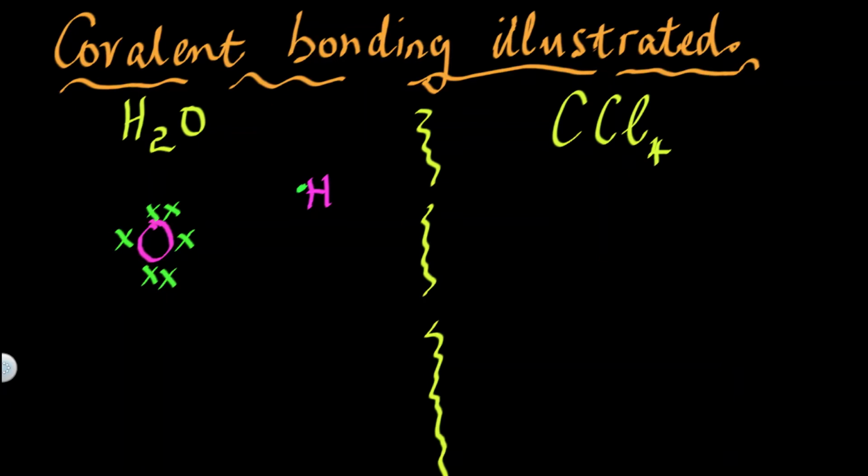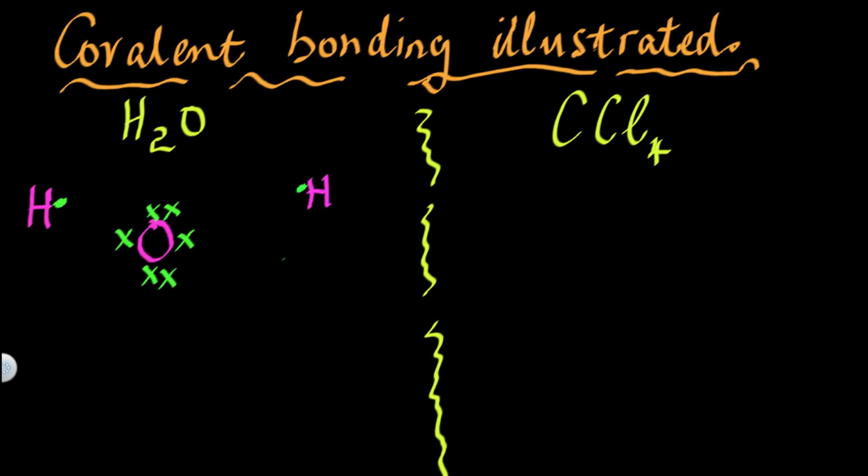So the dot is representing the electron in hydrogen. But we have 2 hydrogen atoms here. Another hydrogen atom is here, it also has 1 valence electron, so I just put the 1 here. Now these are the Lewis diagrams of hydrogen and oxygen.